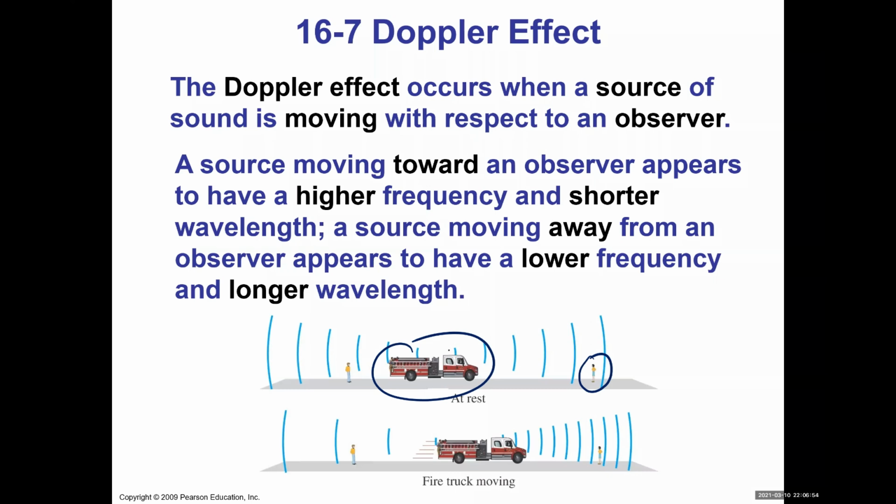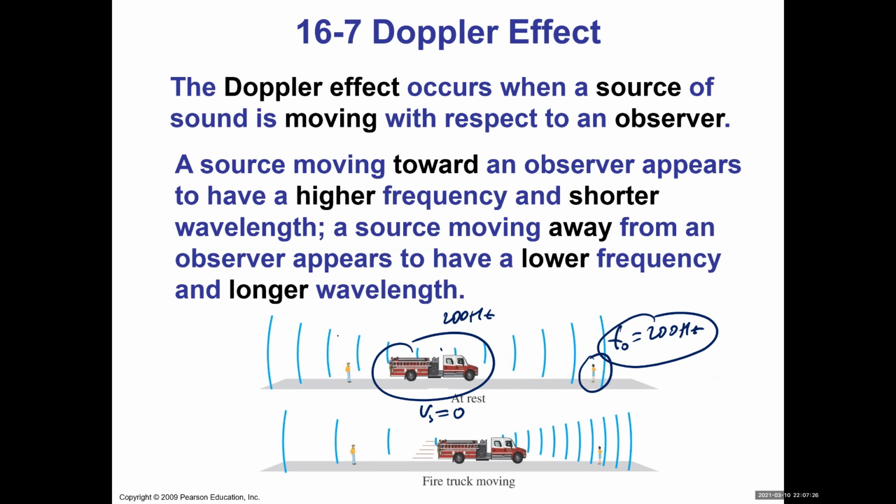So for example, if there's a siren here at 200 hertz, and the source, which is the truck, is at rest, Vs equals 0, velocity of the source equals 0, the frequency the observer will hear will also be 200 hertz. If the truck is moving toward the observer or away from the observer, the frequency measured by the observer will be different, depending on whether it's moving toward or away.